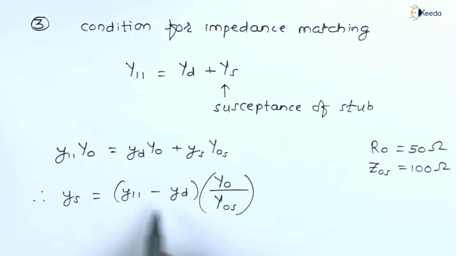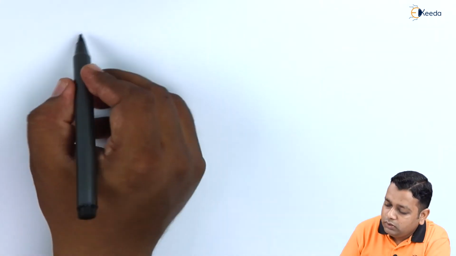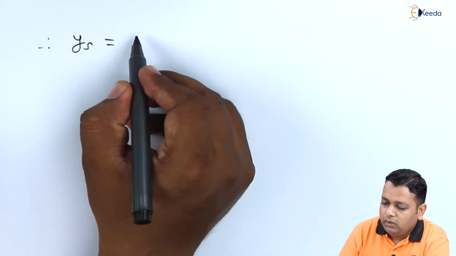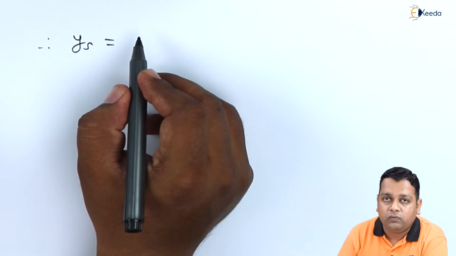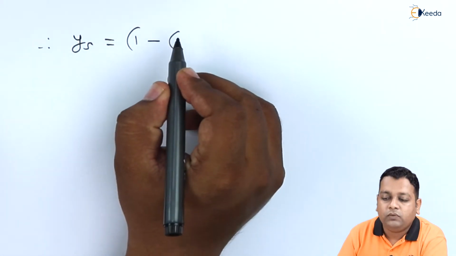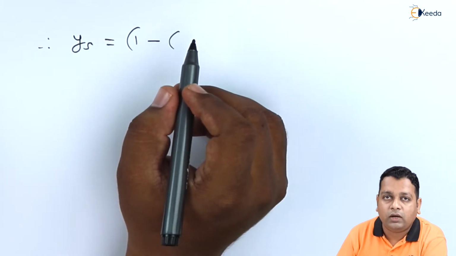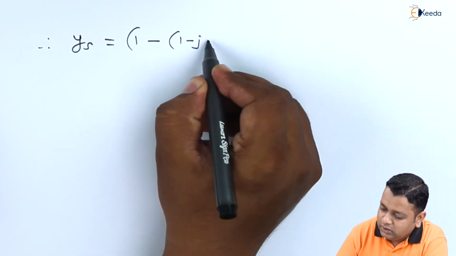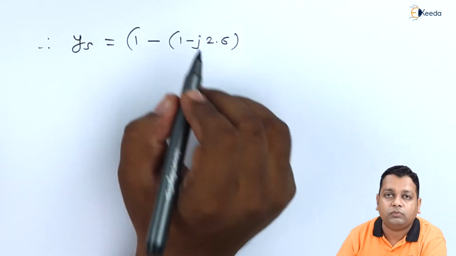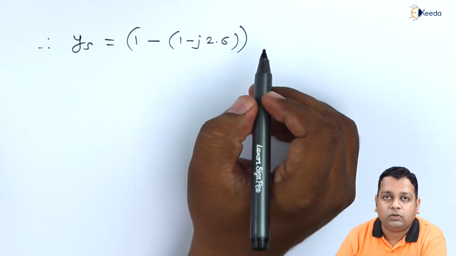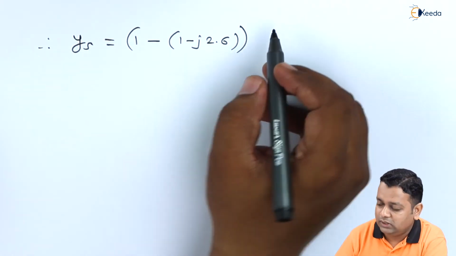So by substitution of the values here, the next form of the equation will be, we put small y suffix s is equal to, the value of y11 will be equal to 1 there, minus, we have just now determined the value of y suffix d here, it is equal to 1 minus j times 2.6 from the Smith chart, and now it is multiplied by the ratio of the two characteristic admittances here.